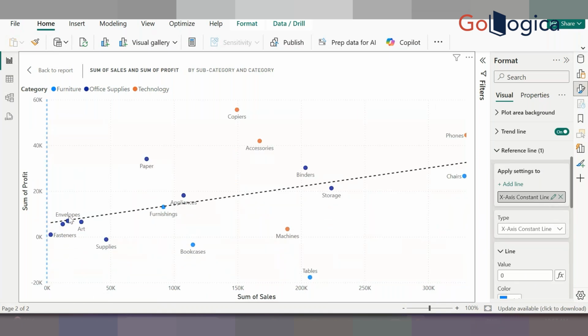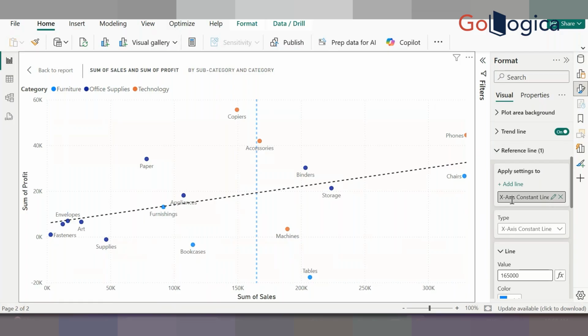That is your x-axis. I've added this particular constant x-axis line at 1,65,000.